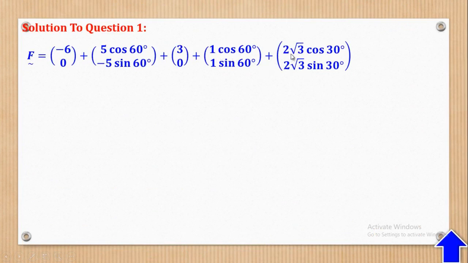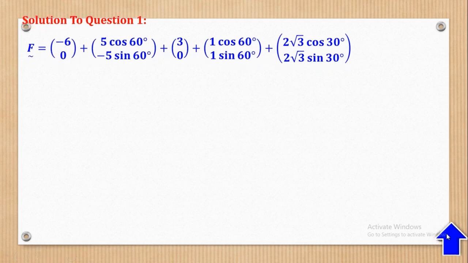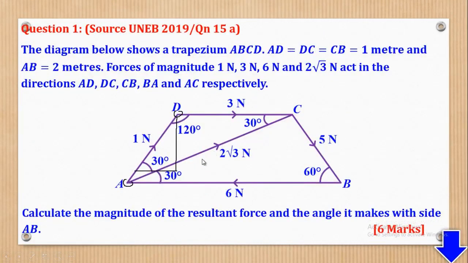Now we shall go to the 2 root 3 Newton force. Here we have 2 root 3 cos 30 and 2 root 3 sin 30, all are positive. Let's see how they come about. If you look at this 2 root 3 Newton force, it is inclined at an angle of 30 degrees to the horizontal, implying that the horizontal component will have 2 root 3 cos 30 and vertical will have 2 root 3 sin 30.